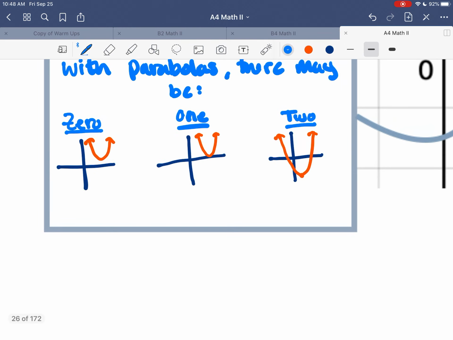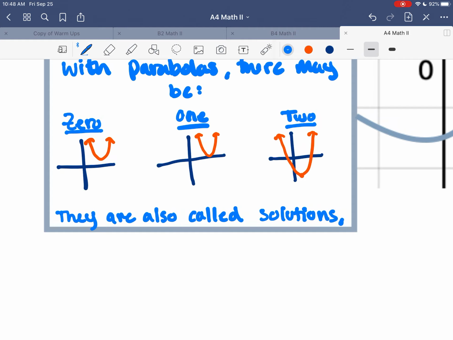And we will learn that these are also called solutions or zeros, and we start to use these interchangeably pretty quickly, so it's good for you to know that.